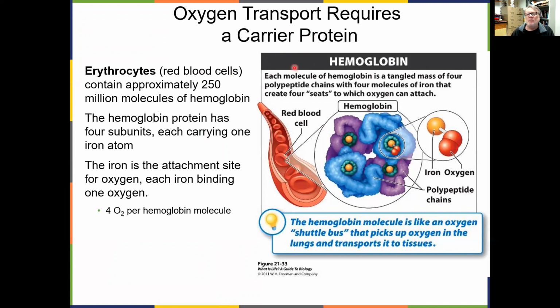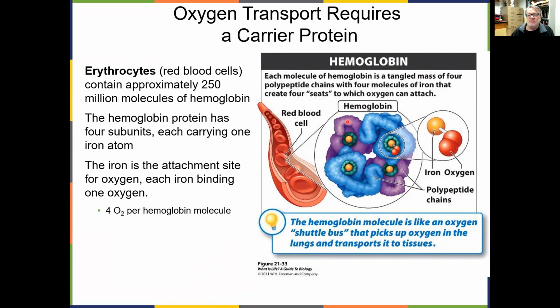And one of those molecules is known as hemoglobin, which is what's found in a red blood cell, like found in humans and mammals. Now, a molecule of hemoglobin is actually a protein. It's a polypeptide, so it's a long string of amino acids.